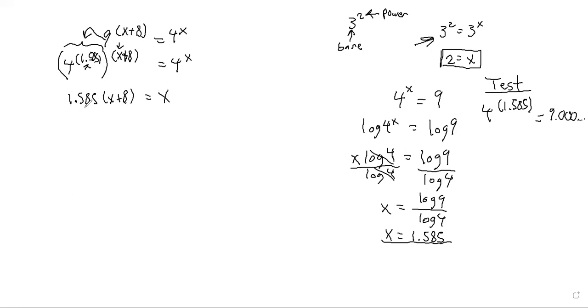We simplified it on the right side. On the left side, we see there's 1.585 times x plus 1.585 times 8, and that's going to give us 1.585x plus 12.68 equals x.